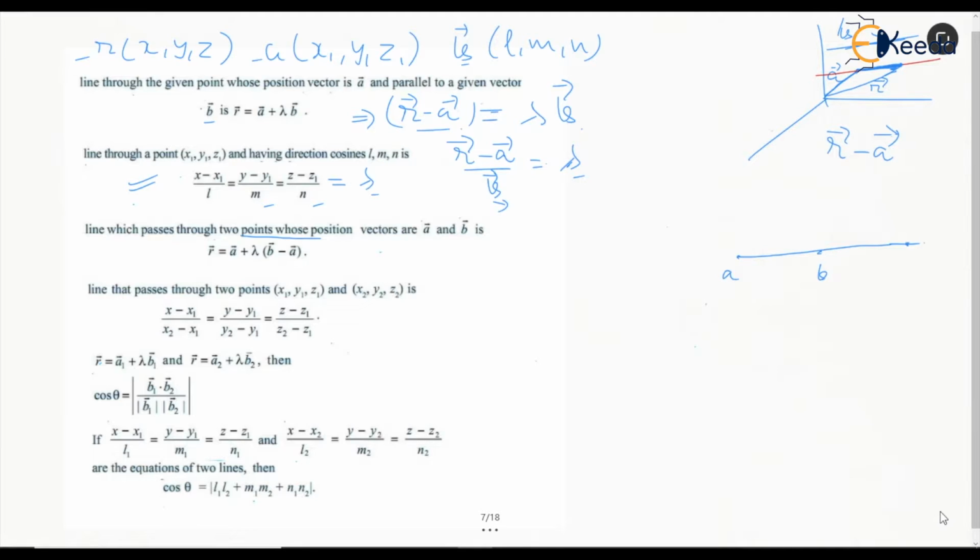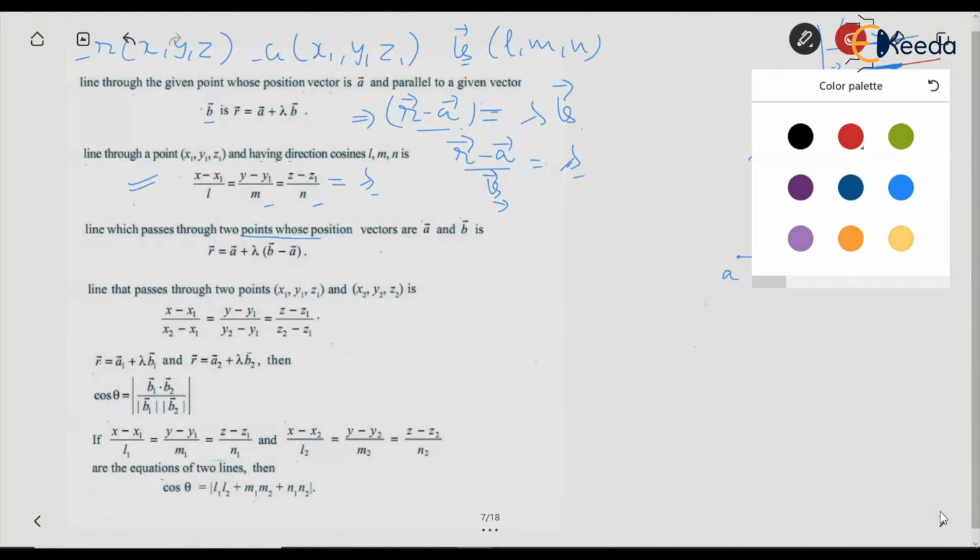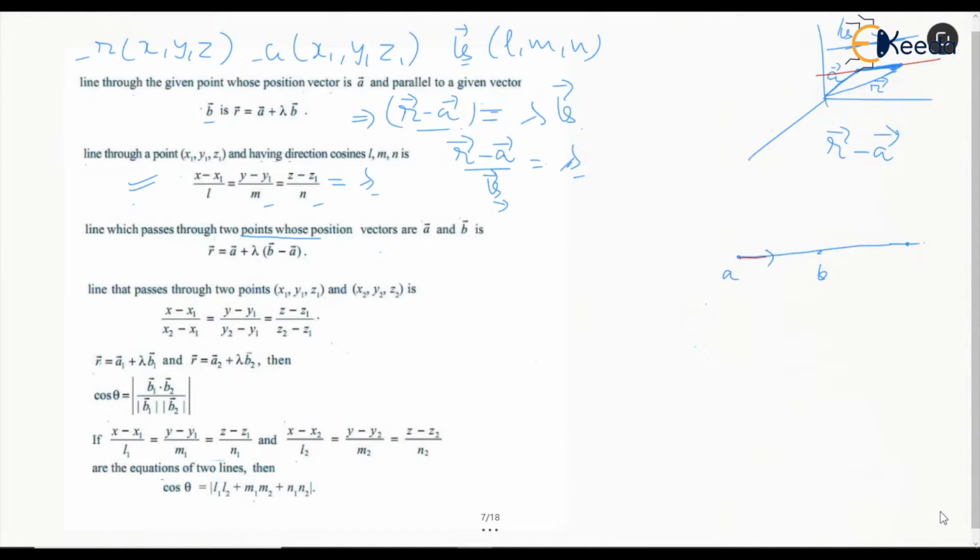In that case, this one is nothing but B minus A, and let's say this one is actually R minus A, right?